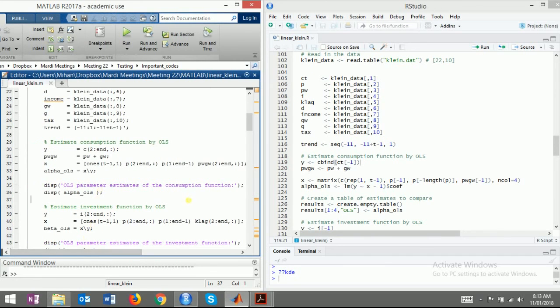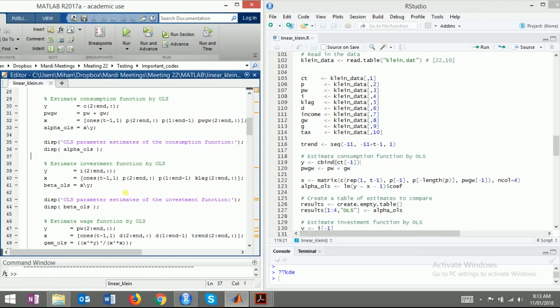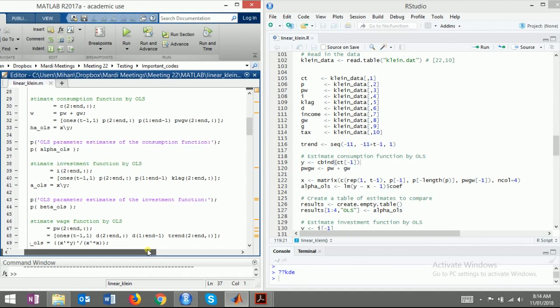Okay, estimate investment function by OLS, t minus 1, 2 to end, p t minus 1, k lag.